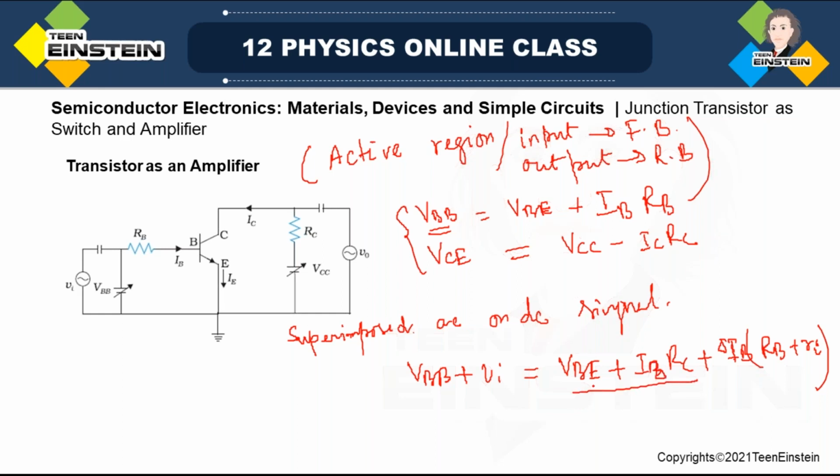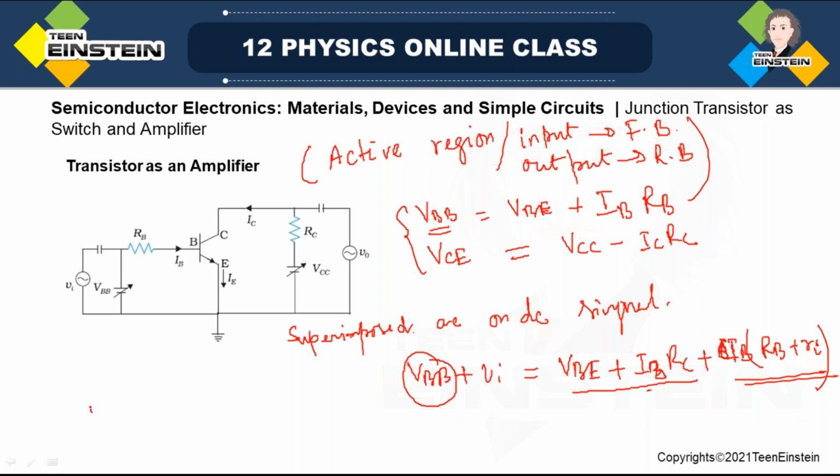That means your original voltage, whatever output you get, you will get that. Along with that, because of the sinusoidal signal Vi, one sinusoidally varying current is superimposed, so in the input characteristics you will have a change in the voltage due to the AC signal.